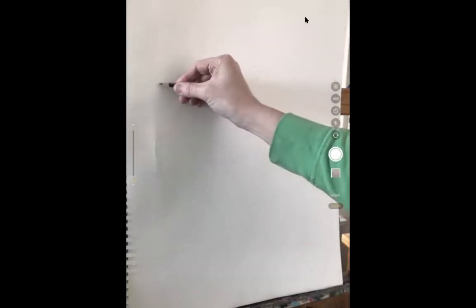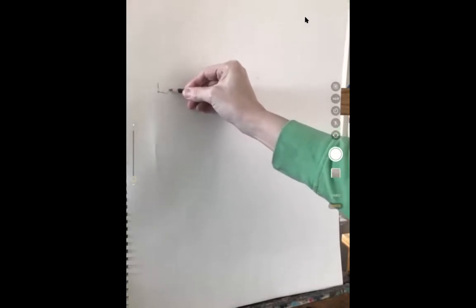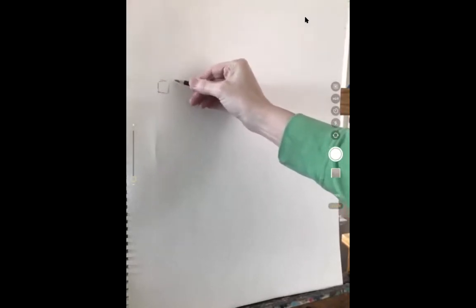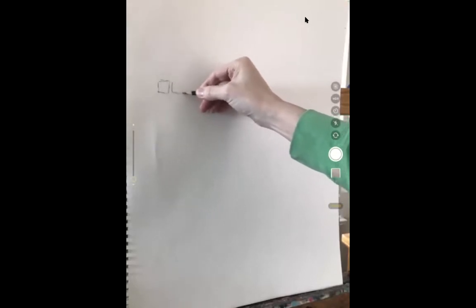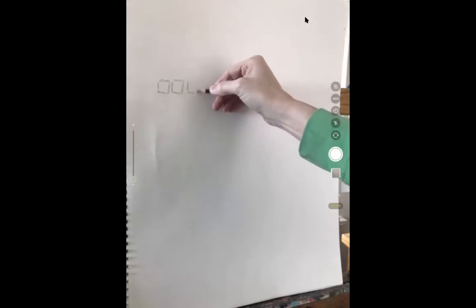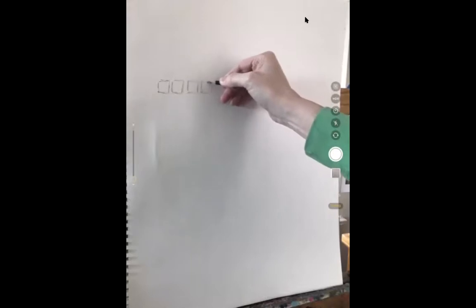So what I want us to do first is start off by drawing, and I'm using a 7B so you can see it really well. Let's just start off by drawing 10 equal size little squares. Don't use your ruler to draw the squares.